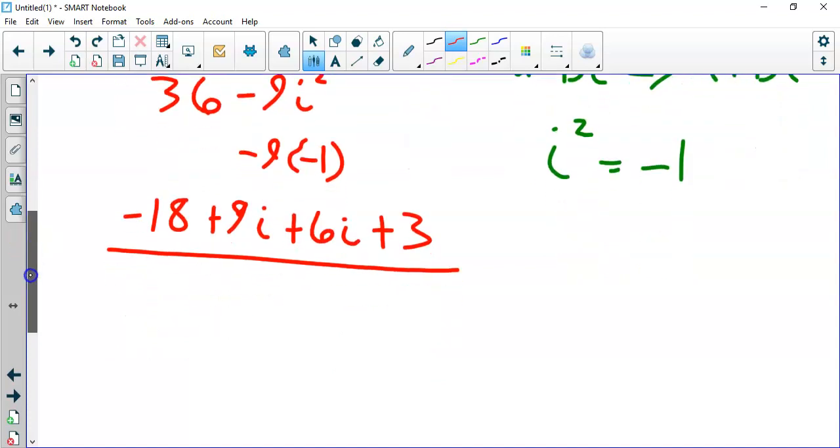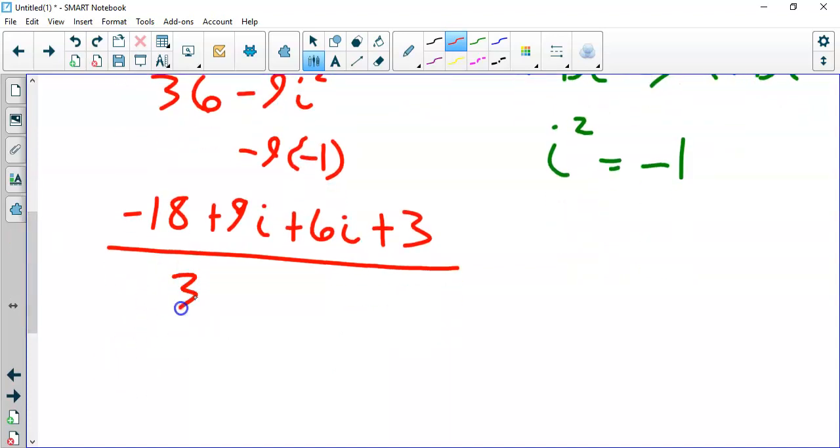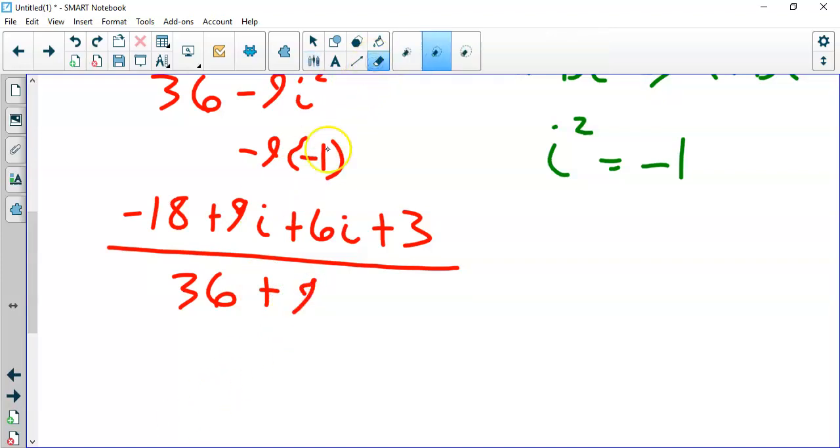In the denominator, I have 36. What's negative 9 times negative 1? Plus 9. So that's what I have when I take care of my i squareds. And now all that's left is combining like terms and things like that.